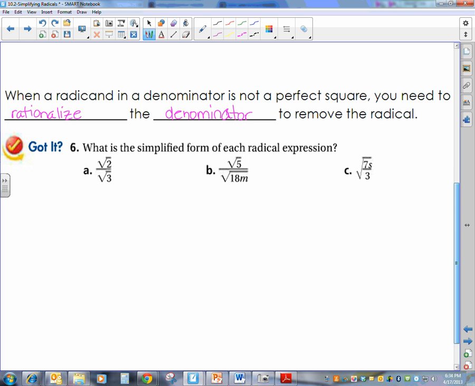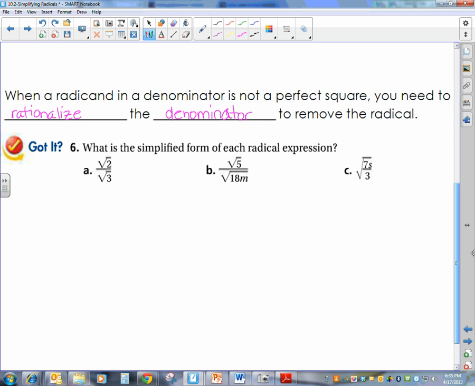Okay? So, watch what we're doing when we're rationalizing that denominator. We've got a 3 on the bottom, a radical on the bottom, which we cannot leave. 3 is not a perfect square, so I'm going to use this process of rationalizing the denominator.